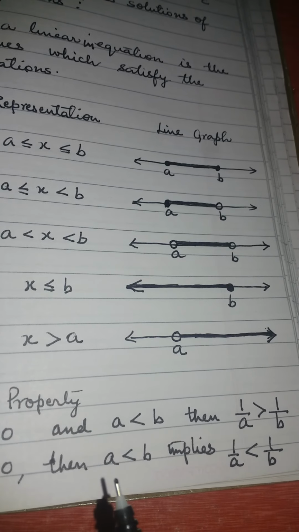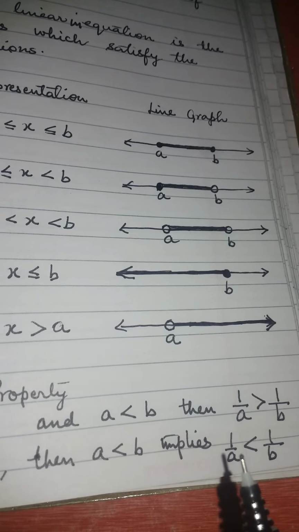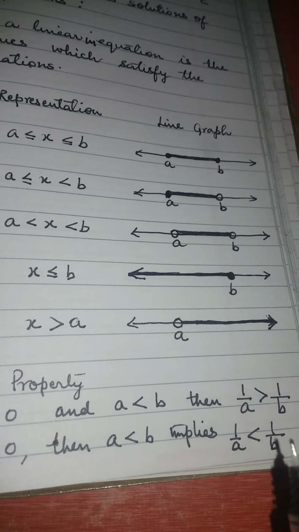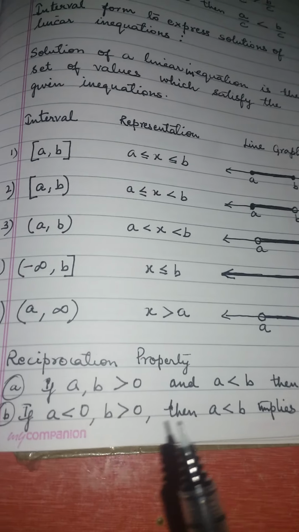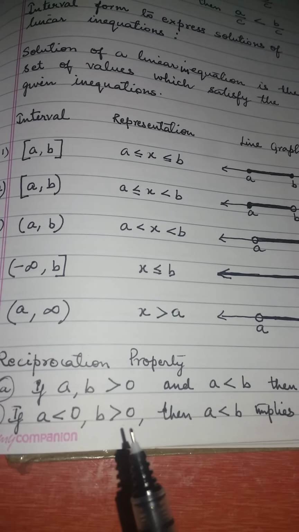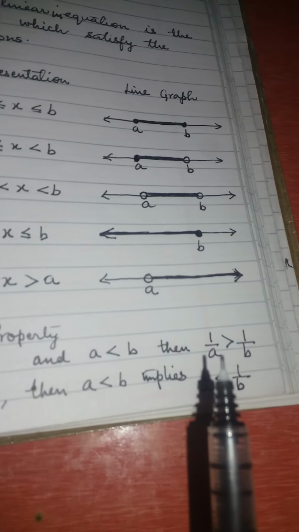The reciprocal of a negative number will be less than the reciprocal of a positive number, therefore 1 by a is less than 1 by b. Here the sign does not change, but it is under the condition when one is negative and the other is positive. When both are positive, then on reciprocation the sign changes.